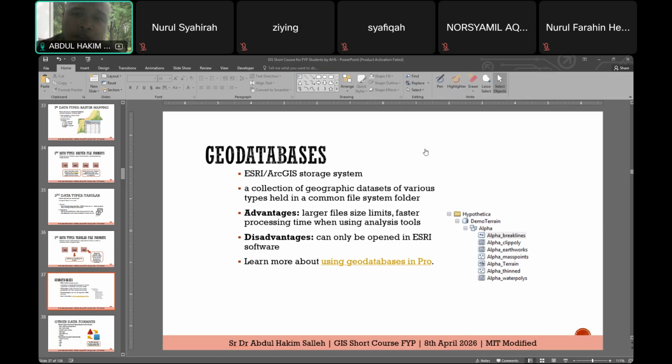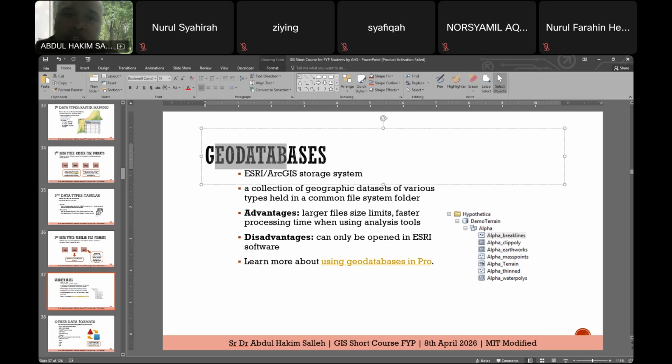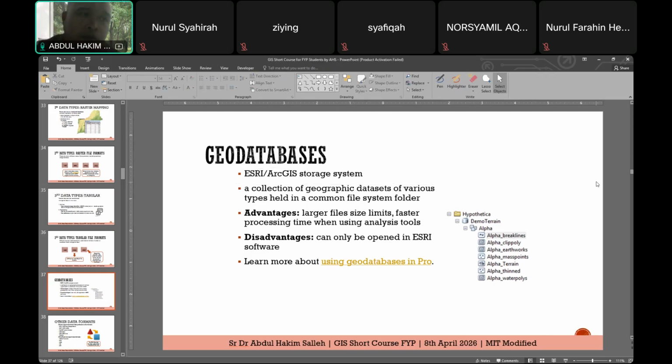If you want to look for particular data from another layer, by using a geodatabase, it can search for you and extract the information. It is not like a typical database, which doesn't have information in terms of position.